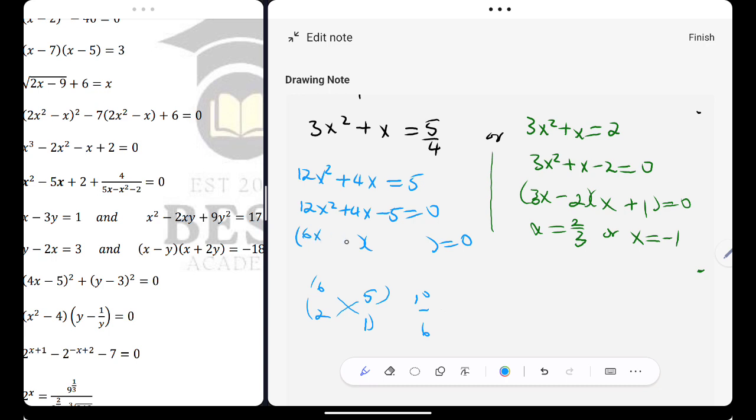I'll have 6x, 5, 2x, and 1. The sign of the middle term will come here, and then here it will be the alternate sign.